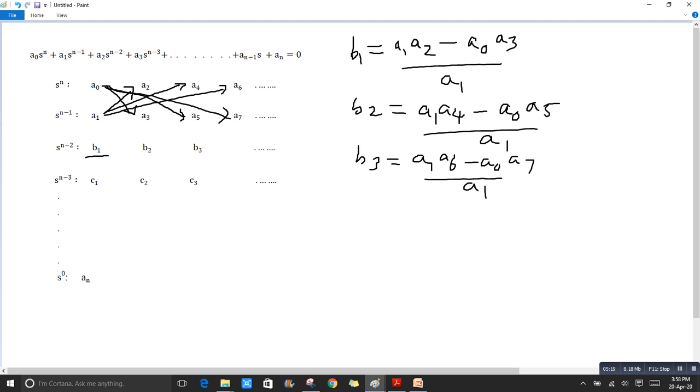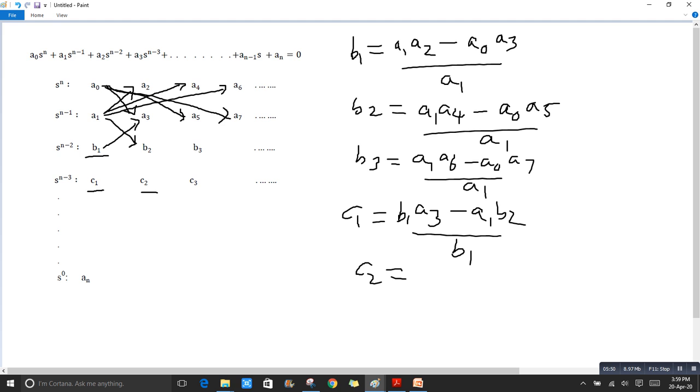Next, I will calculate c1. C1 equals (b1 a3 minus a1 b2) by b1. Next, c2 will be calculated as (b1 a5 minus a1 b3) by b1.